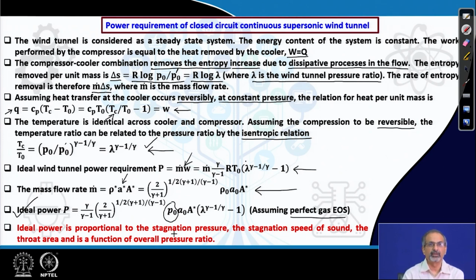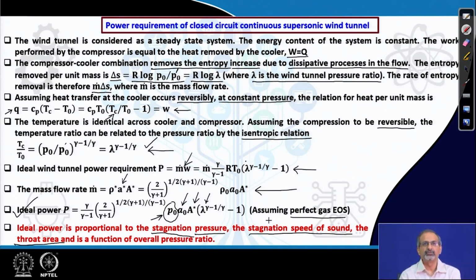What is the ideal power dependent on? That is very important for us to understand. It is dependent on stagnation pressure P naught, stagnation speed of sound A naught, throat area, that is A star, and a function of overall pressure ratio, because lambda here does not exist as an independent term, it has an index gamma minus 1 by gamma.